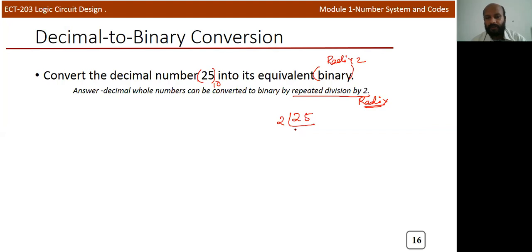So 25 divided by 2 gives 12 and remainder 1. Then 12 divided by 2 is 6 and remainder 0, and again dividing by 2, it becomes 3 and remainder 0, and dividing by 2 again, it's 1 and the remainder is 1.